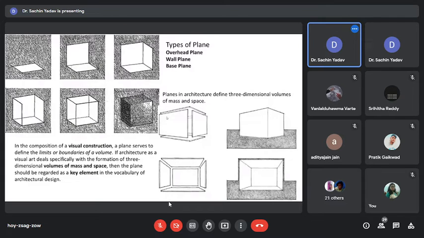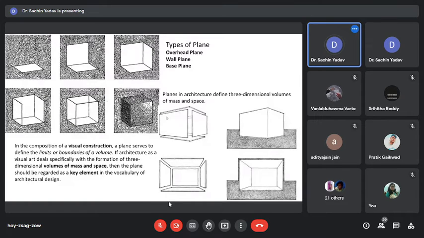Wall plane, because of its vertical orientation, is active in our normal field of vision and vital to the shaping and enclosure of architectural space. So basically we have four walls, right, and every wall has a different kind of architecture.